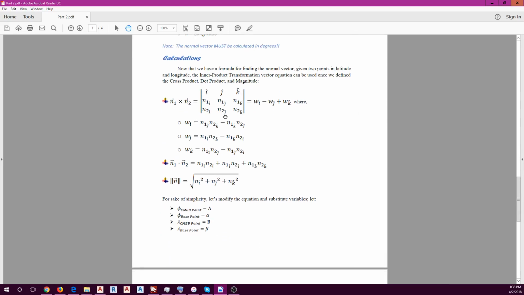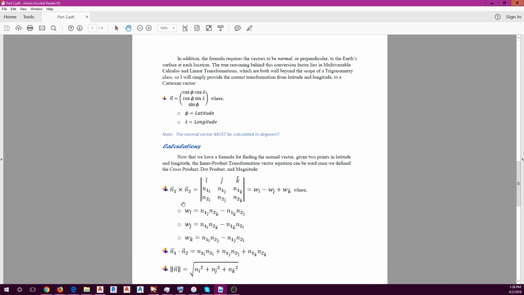But what the heck is the cross product? What is the dot product? And what is the magnitude of a vector or vectors? So again, I'm not gonna derive what it is precisely to be a cross product or a dot product.